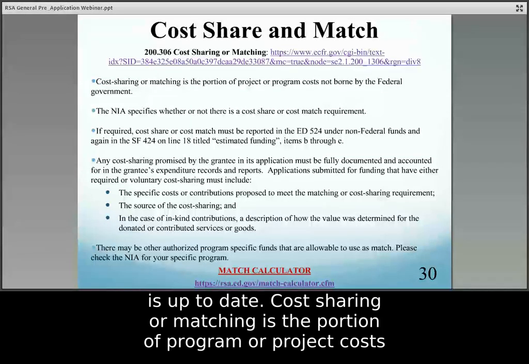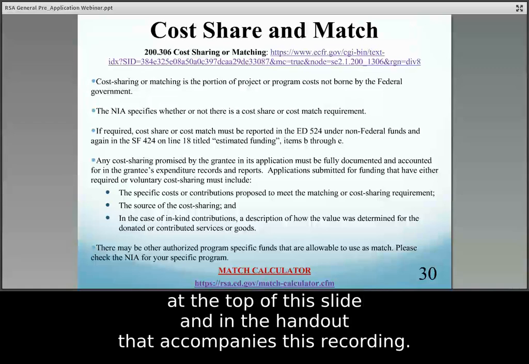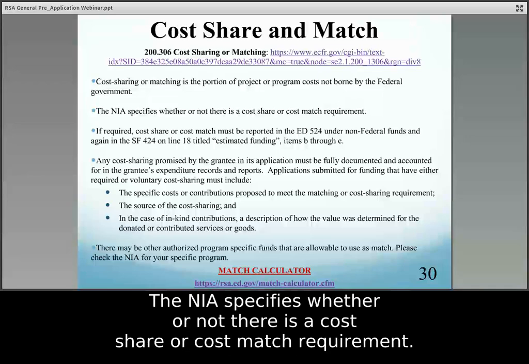Cost sharing or matching is the portion of program or project costs not borne by the federal government. A link to the uniform guidance is provided at the top of this slide and in the handout that accompanies this recording. The NIA specifies whether or not there is a cost share or cost match requirement.